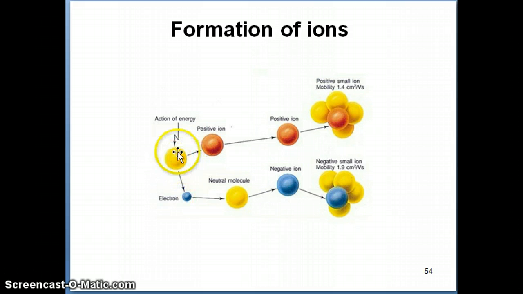And what remains of this element is now a positive ion. That's what the cation is, because now it has more protons than electrons. The electron, on the other hand, could then jump onto another atom or a neutral molecule, and as a result, this thing now becomes an anion. So then you have a positive ion and a negative ion. We'll talk in the next topic about the combination of these two to form an ionic compound. But that's how ions form.